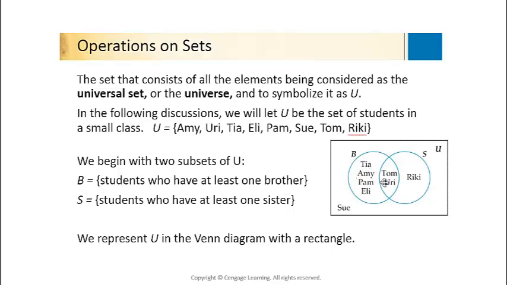So we can see that all of these people in this circle that are inside this B have at least one brother, and then those students that have at least one sister are in this S circle. Those students that overlap have both a brother and a sister, and Sue is an only child. I see her down there.